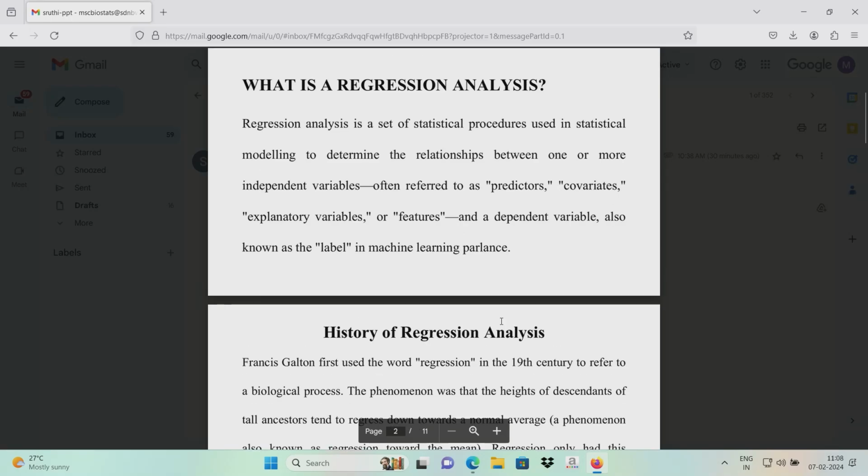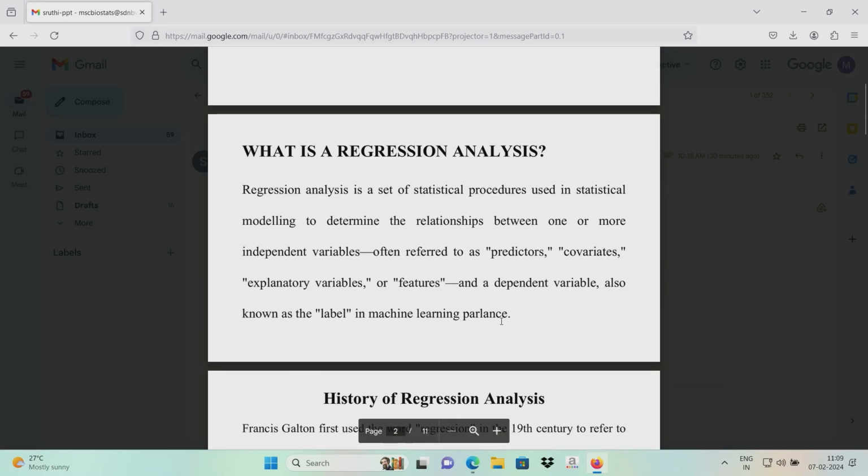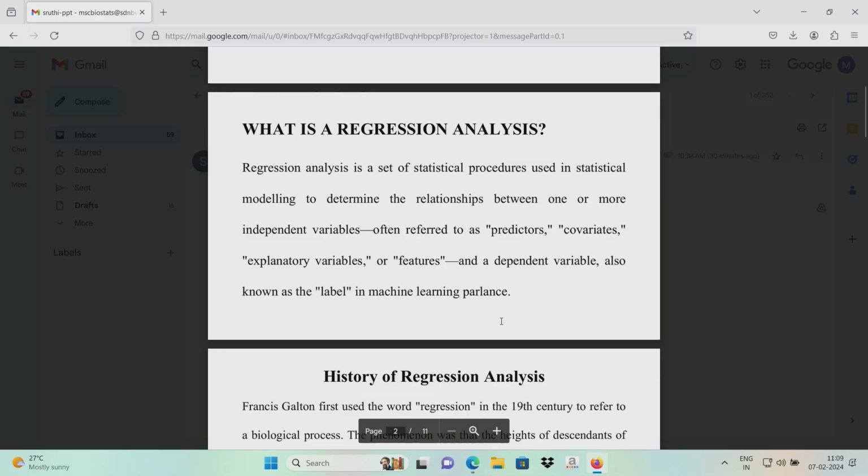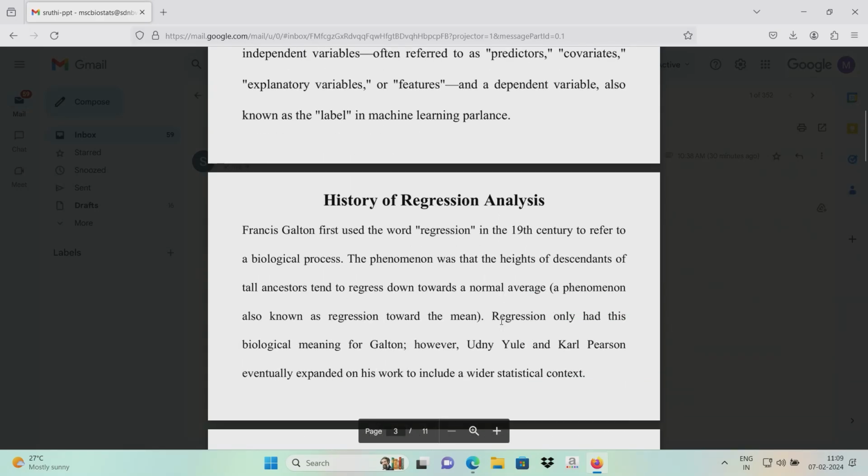Now let us see about the history of regression analysis before entering into simple linear regression. The word regression was first used by Sir Francis Galton in the 19th century to refer to a biological purpose.